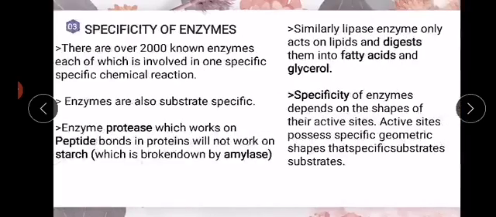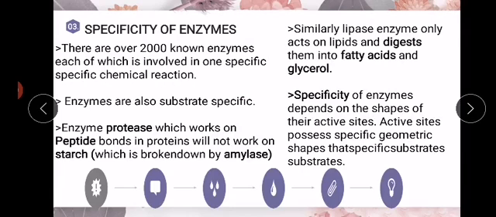So that was all about the mechanism of enzyme action. Now we are proceeding further towards the specificity of enzymes. As you already know, enzymes are very specific for the type or nature of their substrate. We know that there are almost 2000 known enzymes, each of which is involved in one specific chemical reaction.